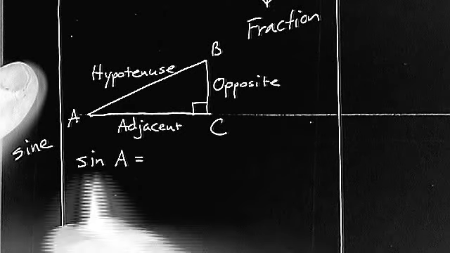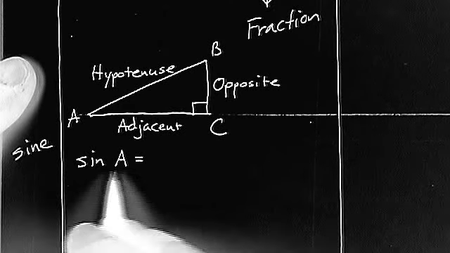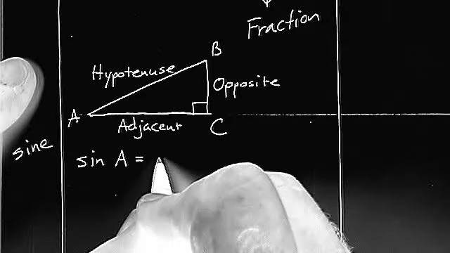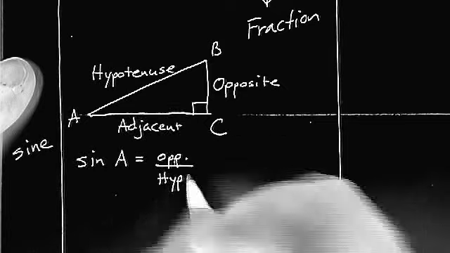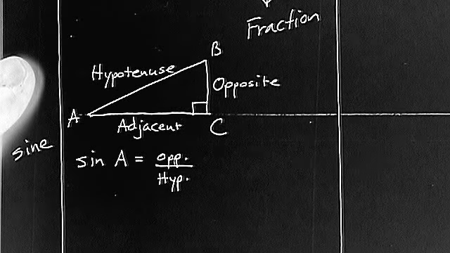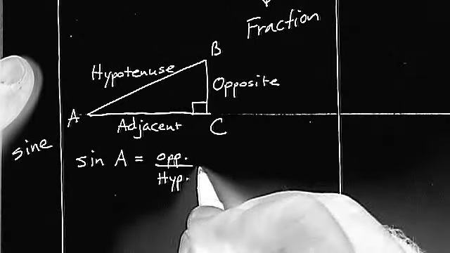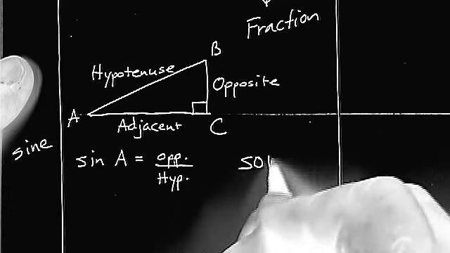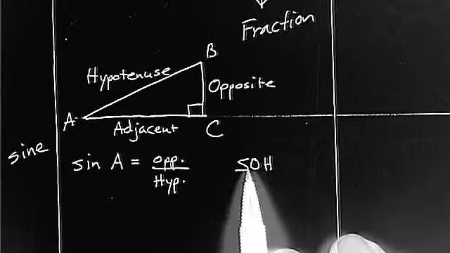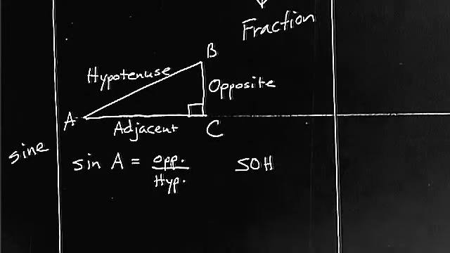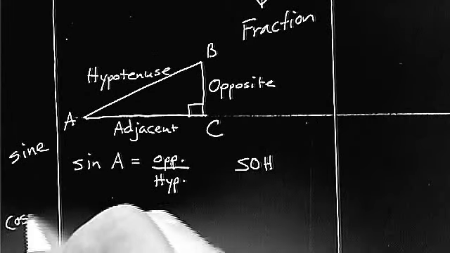So this particular ratio of the two sides would be sine is the opposite side divided by the hypotenuse. And I'll abbreviate those just for your notes. And so we use the three letters to help us abbreviate that relationship. Sine is opposite over hypotenuse. Well, there's another one that says cosine.